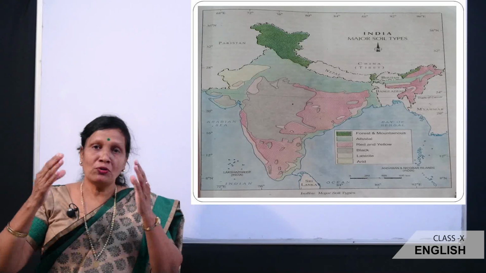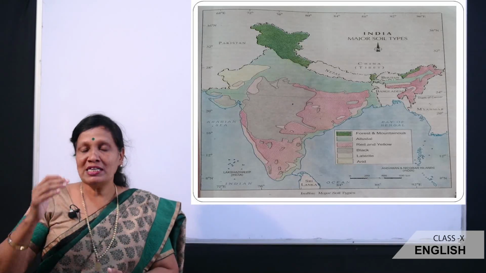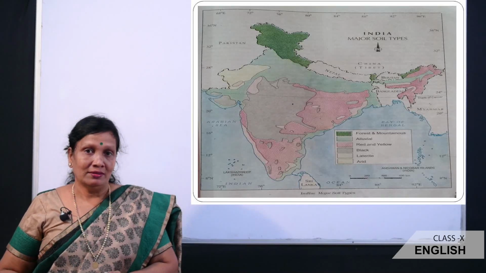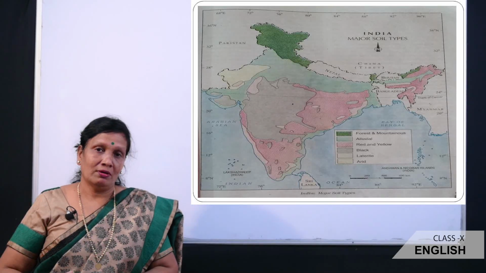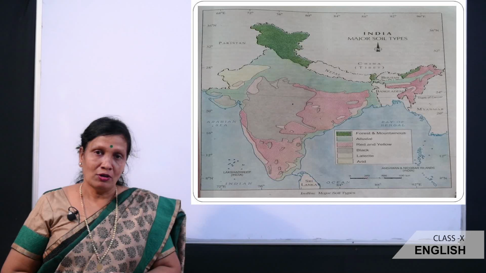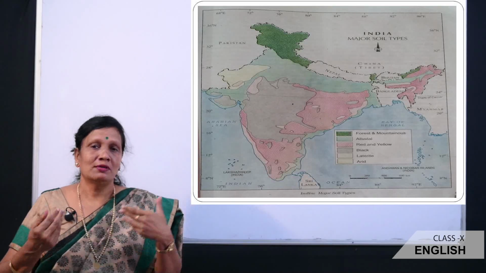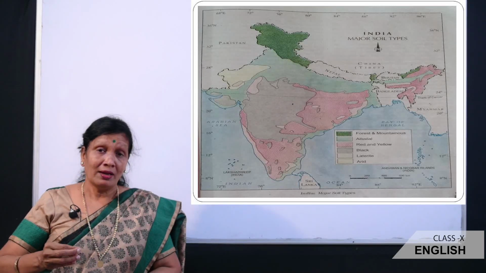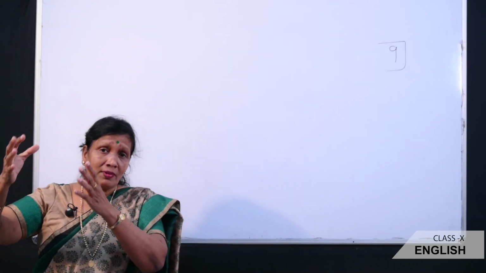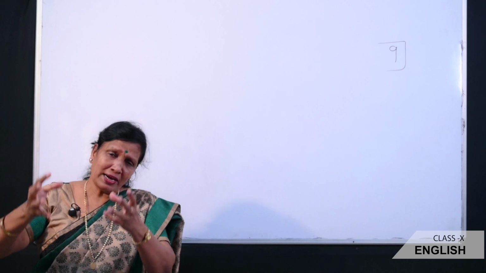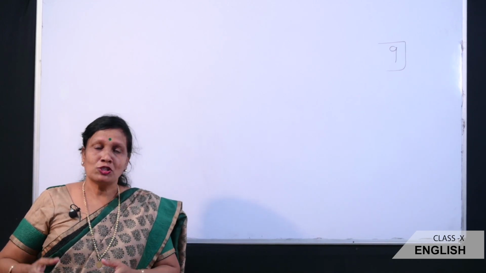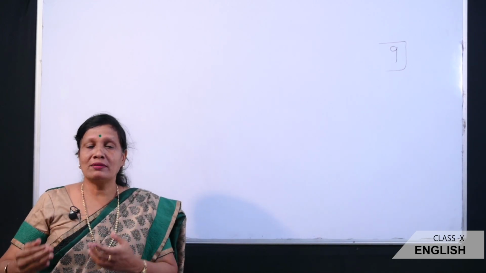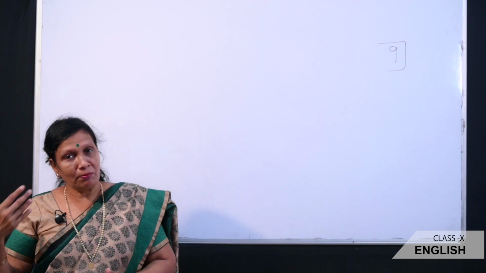Whenever you read that particular chapter, please try to analyze these visual stimuli, the charts, maps, line graphs or bar graphs, and then write down the points. Try to write a paragraph. This will help you to write the paragraph in a creative and better way.